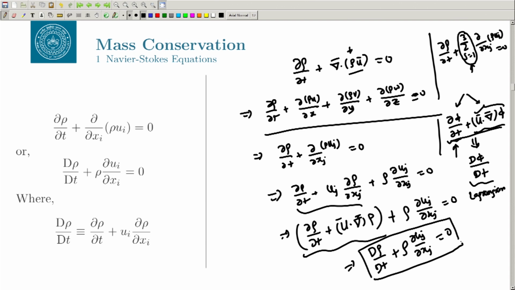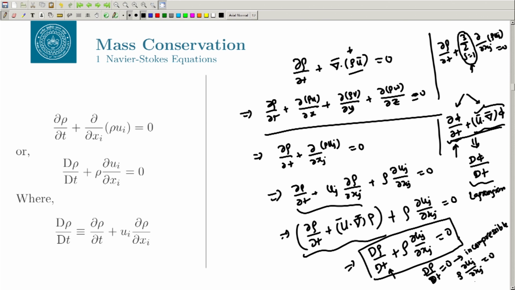Okay. Now, d rho by dt, if you go to the incompressible flow, by definition, the change of density following a streamline, or basically the total change of density, is 0. So d rho by dt will be 0 for incompressible, right. That means you will have rho del u_j by del x_j equal to 0, and rho cannot be 0, okay.